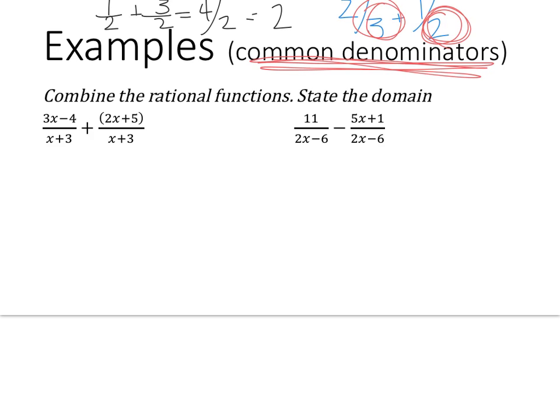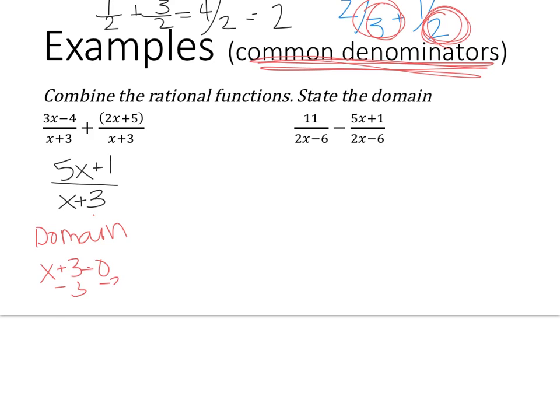So from there, all I need to do is add together my numerators. My denominator doesn't change. But when I go to add my numerators, I just combine like terms. So I have 3x plus 2x is 5x, and -4 plus 5 is 1. I need to state the domain. So remember, the domain is that my denominator could never equal 0.